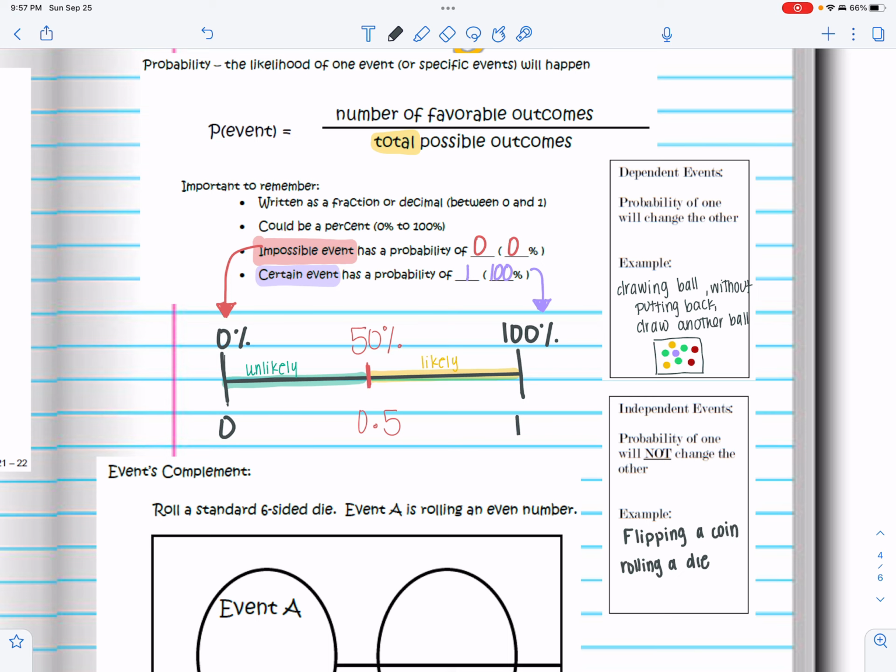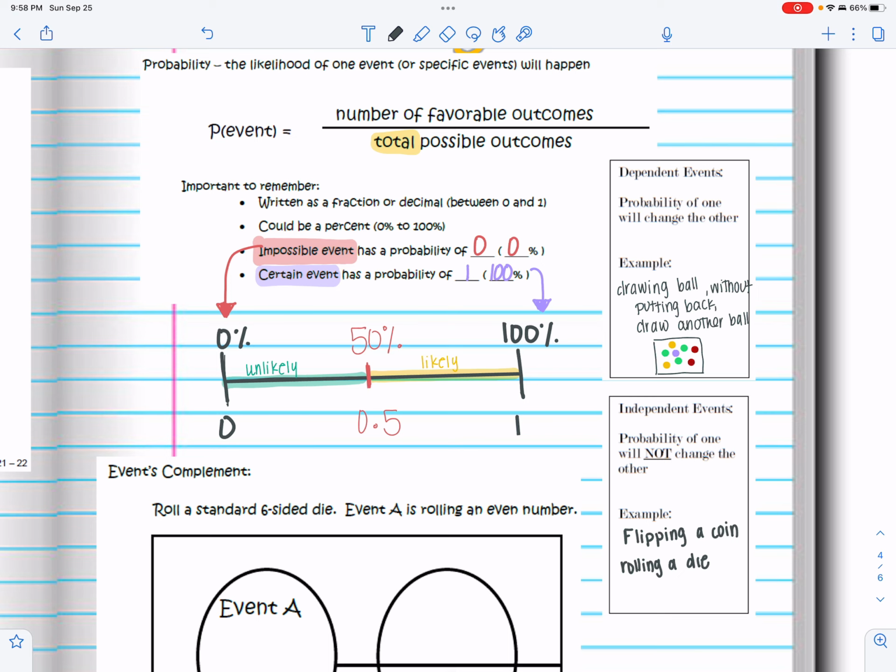Versus the probability of rolling a number 1, 2, 3, 4, 5, or 6 would be a certain event, because no matter what I roll, it's going to be one of those numbers. And so that gives you some examples of an impossible versus a certain event.